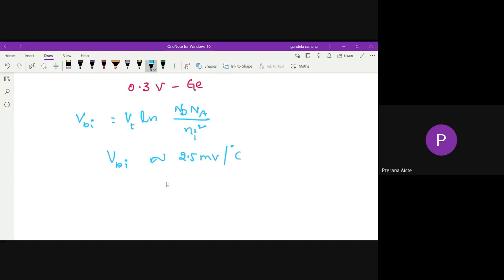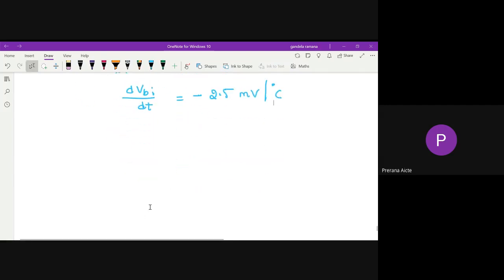So dVBI by dT is minus 2.5 millivolts per degree centigrade. Minus means it decreases. That means for every rise of 1 degree centigrade, it reduces by 2.5 millivolts.